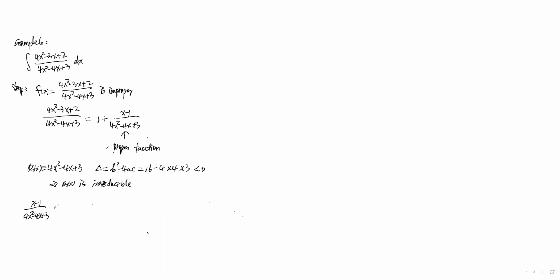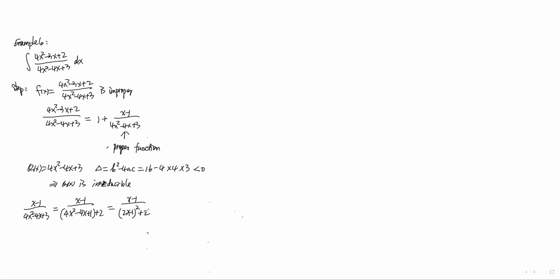If you look at this, the denominator is 4x squared minus 4x plus 1, and then plus 2. So this is (x minus 1) over ((2x minus 1) complete squared plus 2), right?